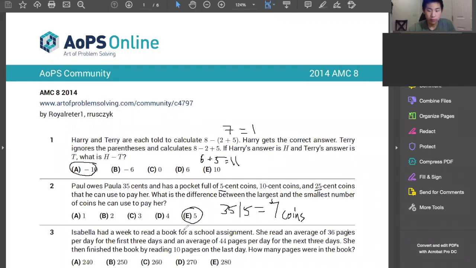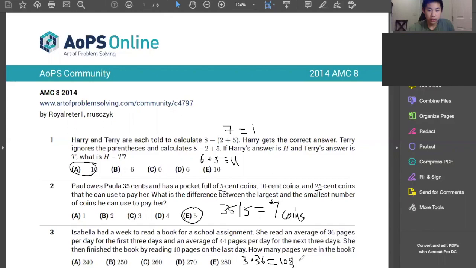So on the first 3 days, if she averages 36 pages a day, she's going to read 3 times 36 pages. That's 108.